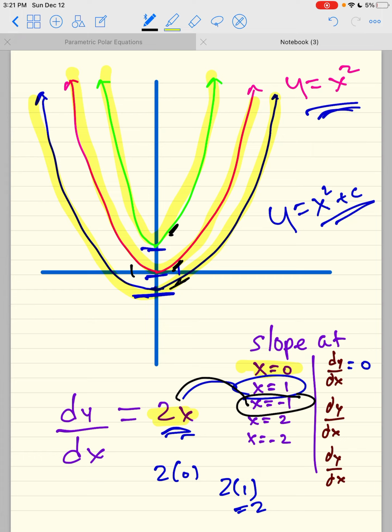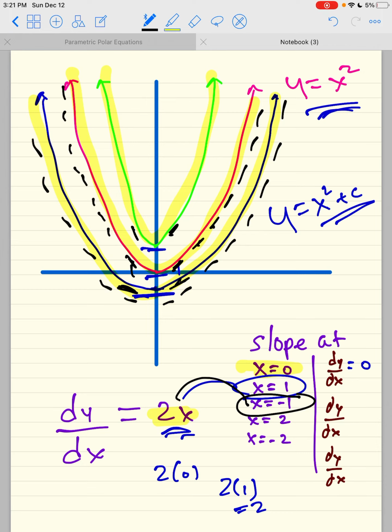So you go to negative 1 and you make a slope of negative 2. And what happens here is you basically continue making all these slopes. Okay, so what is the slope at negative 3, positive 3, negative 2, positive 2? And what you end up coming up with is the picture of the original function.